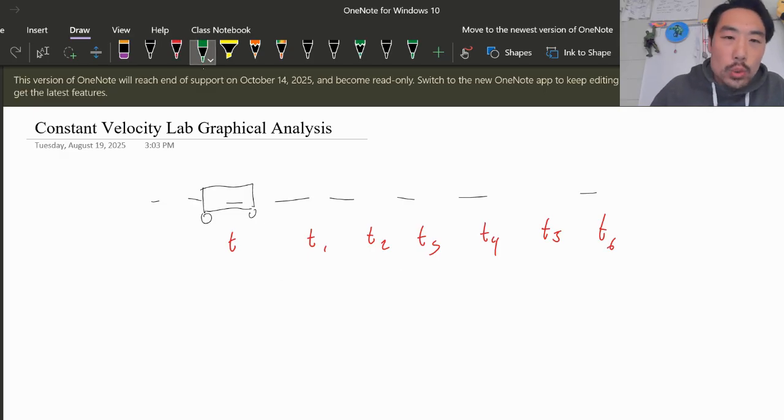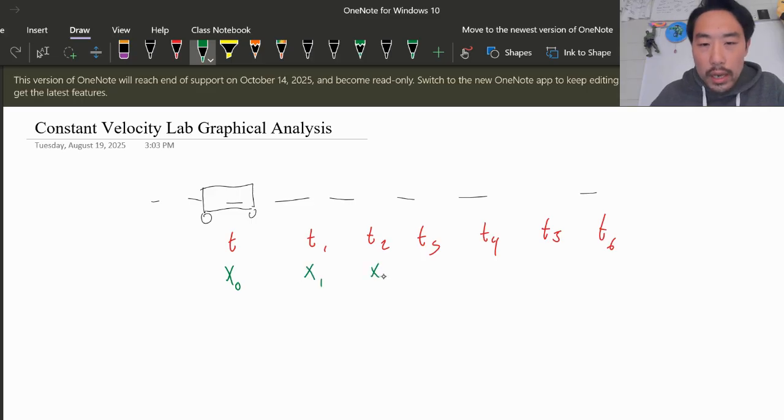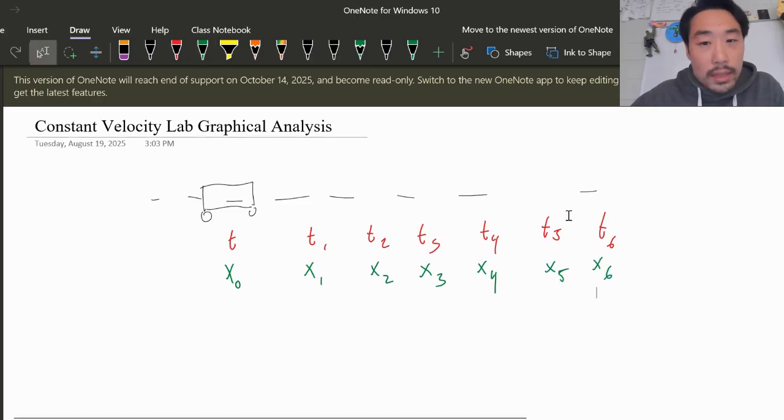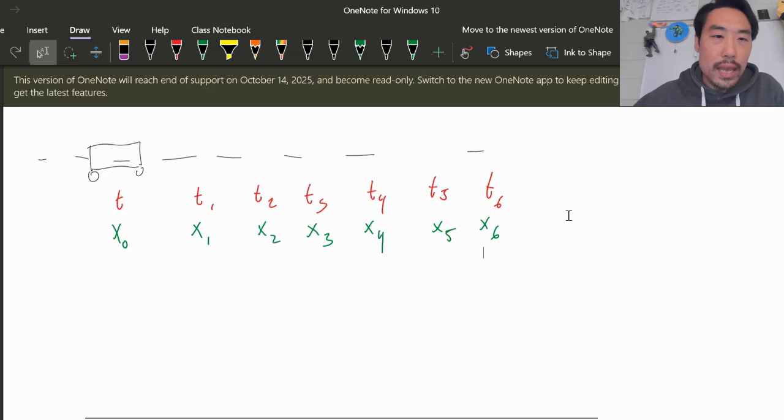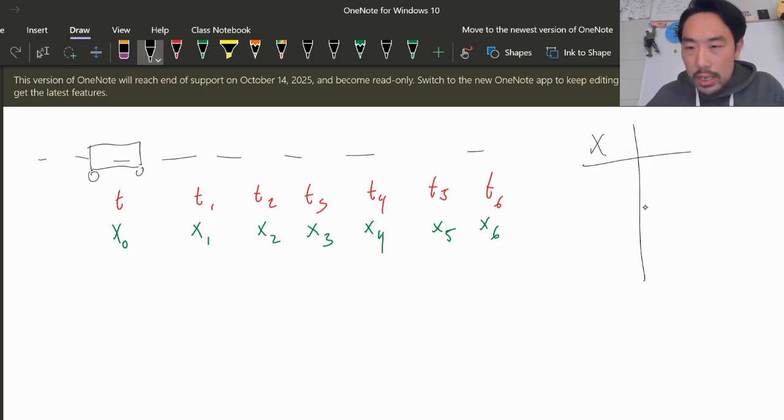And then at each one of those, you would get x0, x1, x2, x3, x4, x5, x6. And so when you did this, what you ended up with is a chart, and this is a position versus time chart.